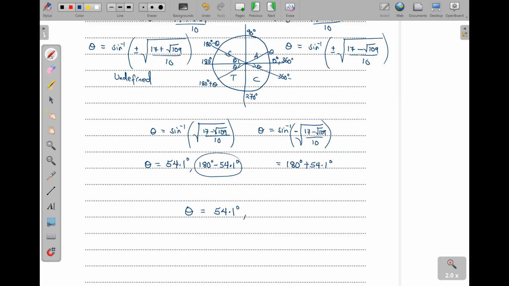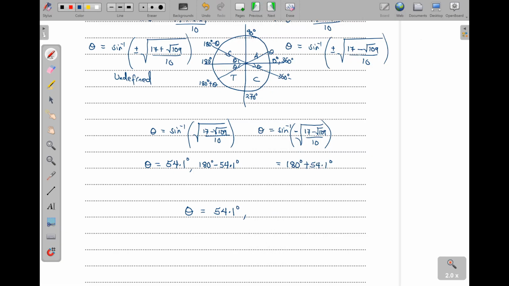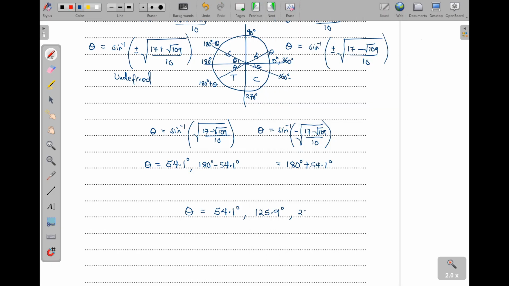Then this one, minus 54.1, and also when we add it, what do we get? 180 minus 54.1, that is 125.9 degrees. Then the next one, I'll just come here and then I add. Then it will give us 234.1 degrees. That is to one decimal place. And that is that.